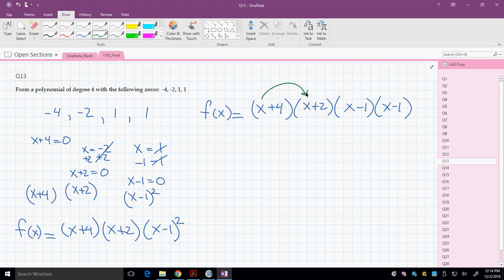So I have to do FOIL here, here, and here, and then I'm going to do the second parenthesis as well. So x times x is going to give me x squared, x times 2 is going to give me 2x, and then 4 times x is 4x, and then 4 times 2 is 8.